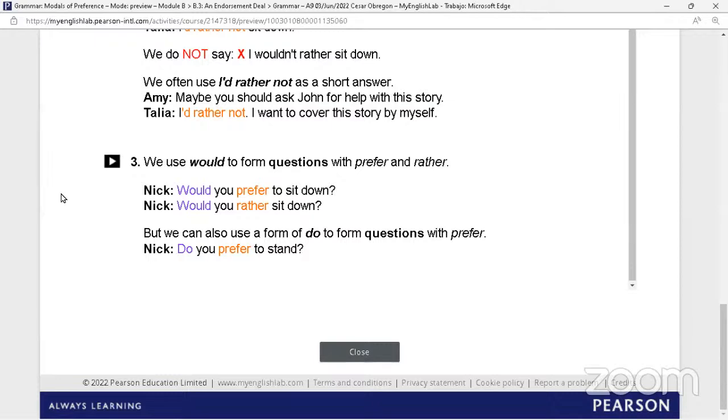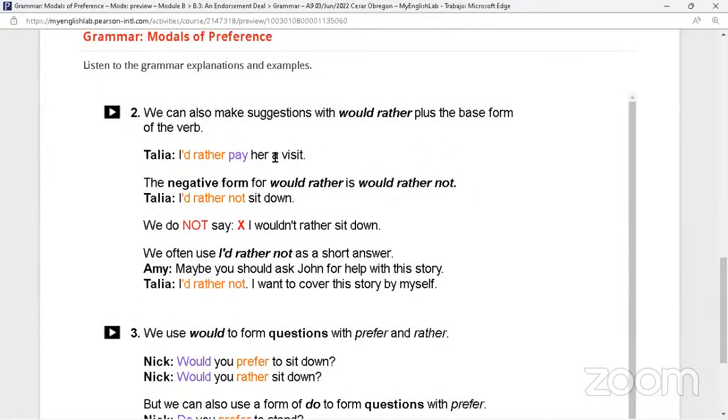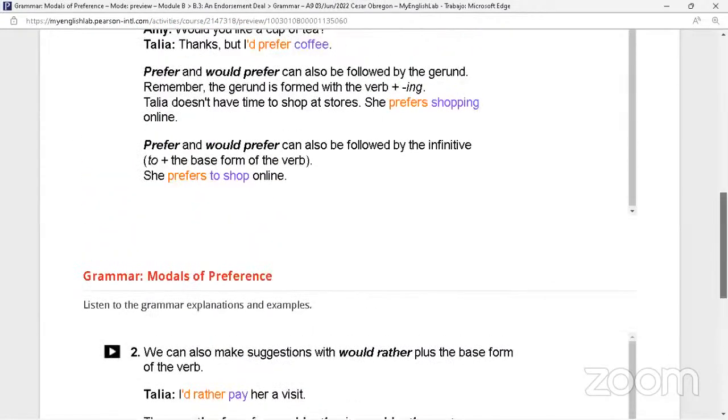Okay. That's also one big difference. Prefer, would you rather, and you can see it here, and here prefers. Well, it depends. Here you don't use it if it's a gerund form. But if you want to use infinitive, no problem.